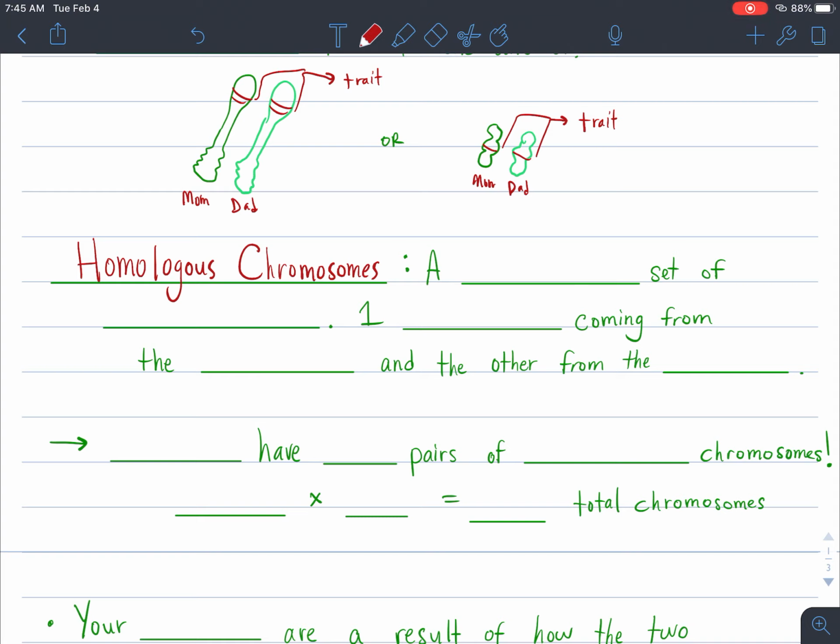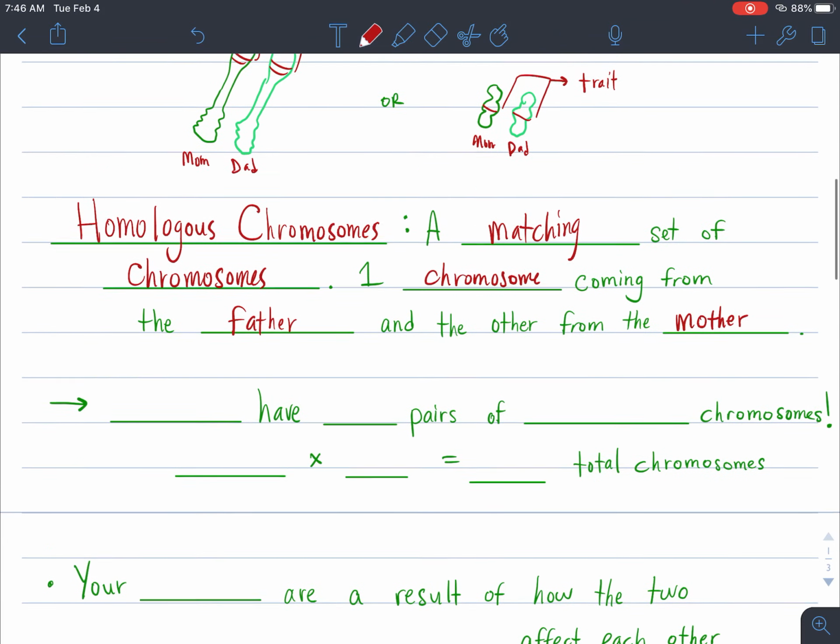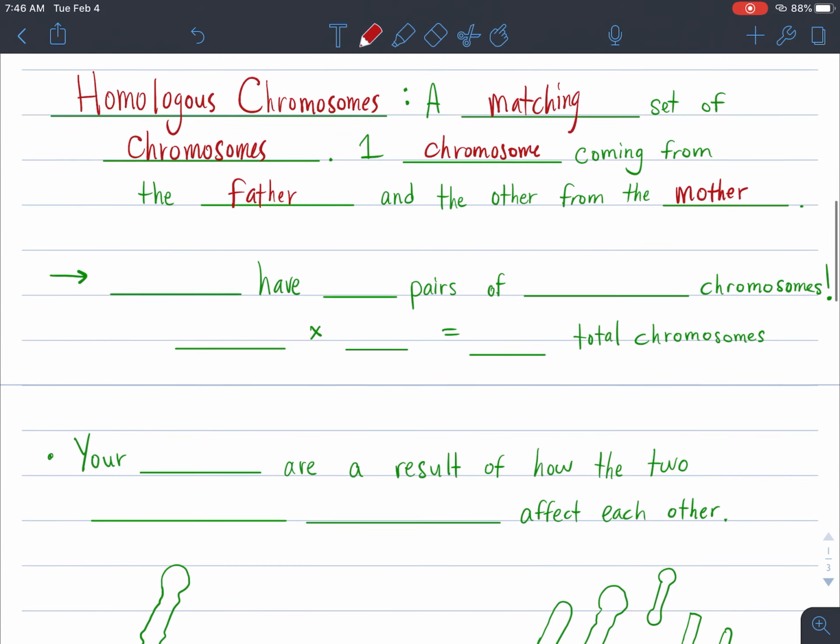Homologous chromosomes, if we were to define it, it's a matching set of chromosomes. One chromosome coming from the father and the other from the mother. So homologous chromosomes are when you match up your chromosome from your father with the chromosome from your mother.